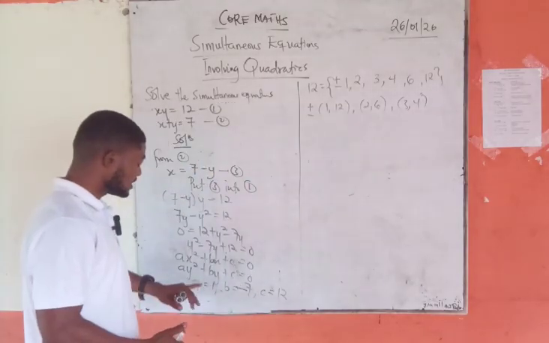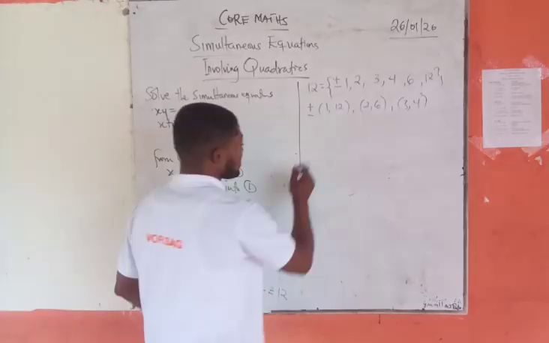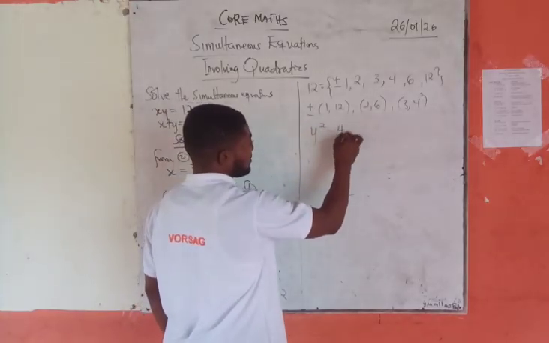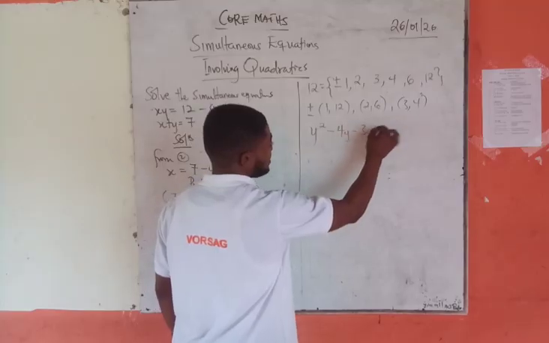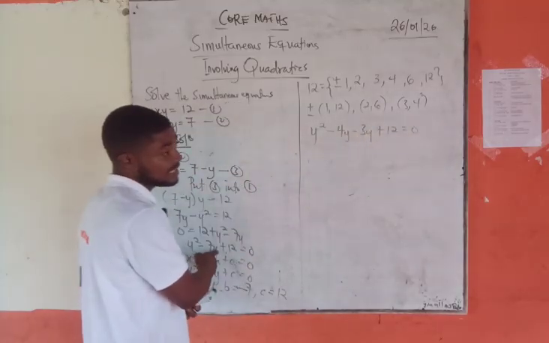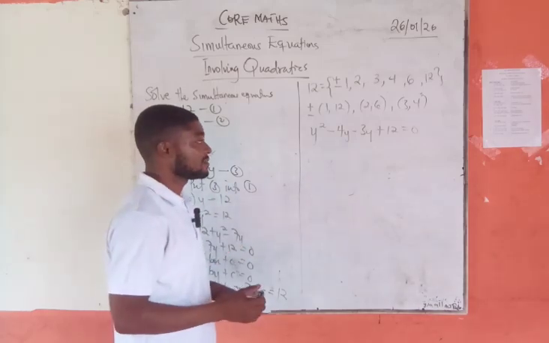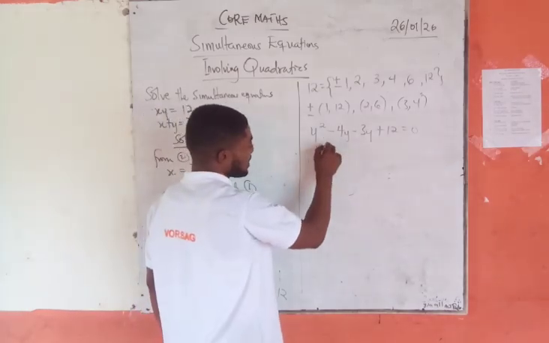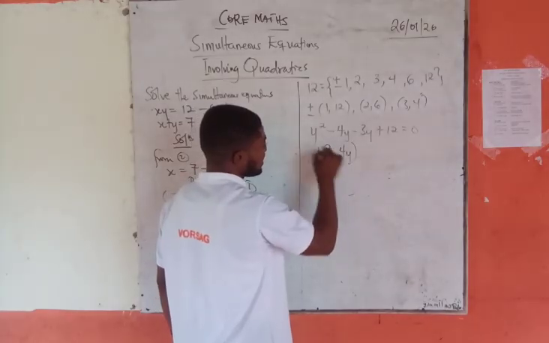So in place of this negative 7, I'm going to split it. y squared minus 4y minus 3y plus 12 is equal to 0. This negative 7 has been split, and that is what is given as the minus 4y minus 3y. Now I can factor this like this.